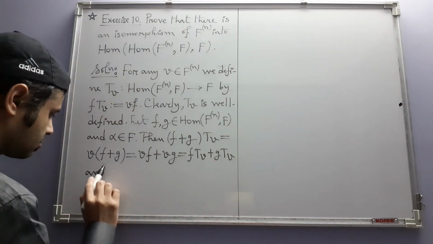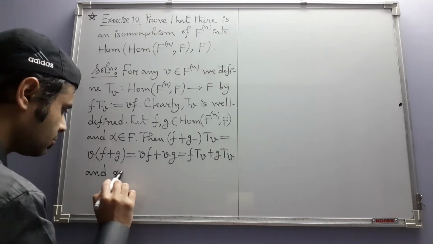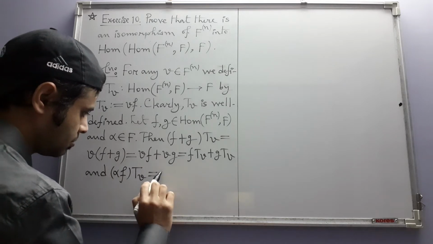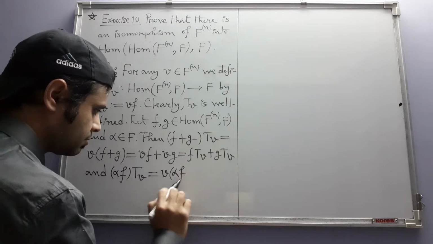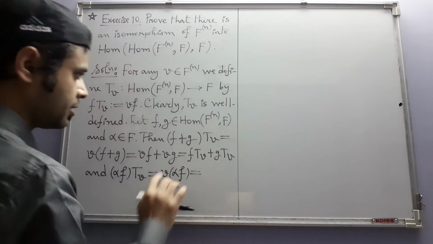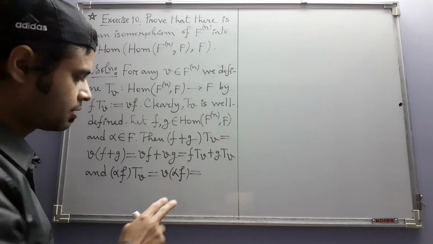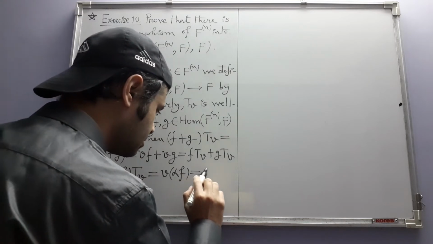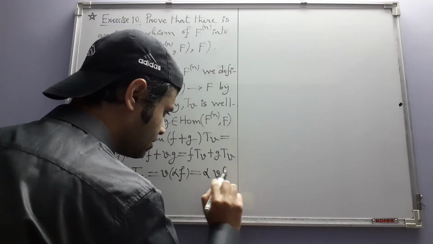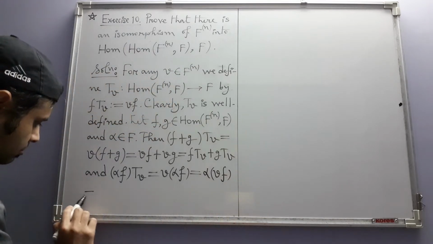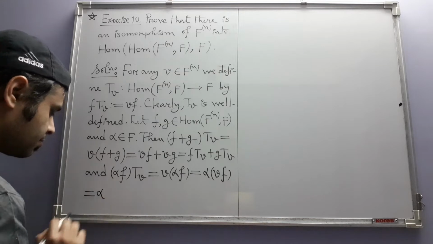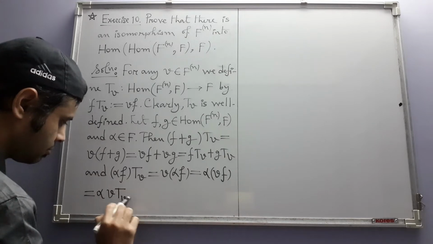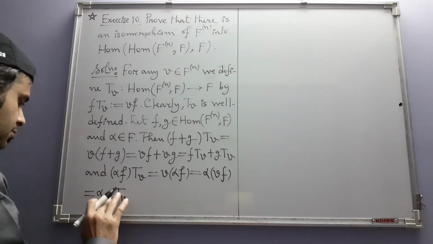and what is this? This is v alpha f, and in this space alpha f is the product of the vector f and the scalar alpha. So by the definition of this function, this is alpha times f image of v, which is nothing but alpha times, oh sorry, this is not v, this is f.